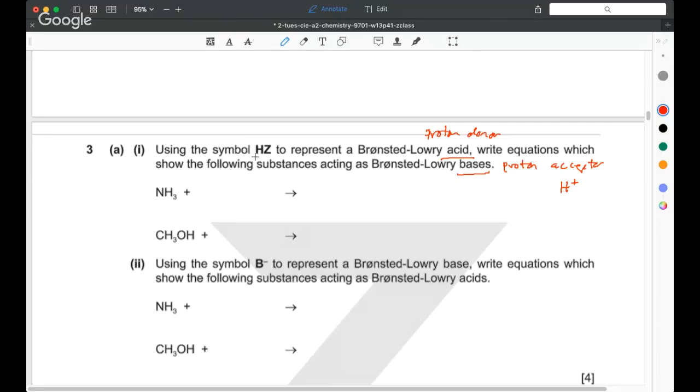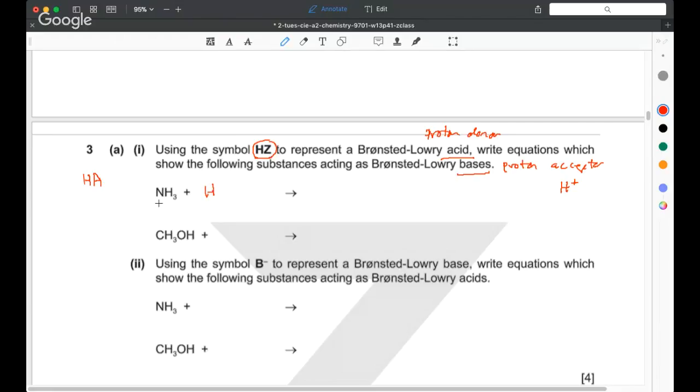And so it's throwing you a little bit, because normally in your textbooks, you see the general way of describing a Bronsted and Lowry base and Bronsted and Lowry acid is by having an HA. That's the Bronsted and Lowry acid there. And they've just changed that. Instead of saying HA, they're saying HZ. Means exactly the same thing. Don't get thrown by that.